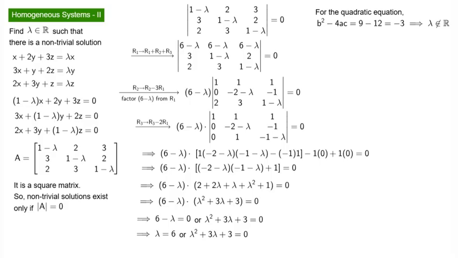Only if it was in real numbers, then we would have had to solve for lambda. So therefore, the only real value of lambda for which non-trivial solutions exist is 6. So that was a couple of problems being solved. That's it for now.